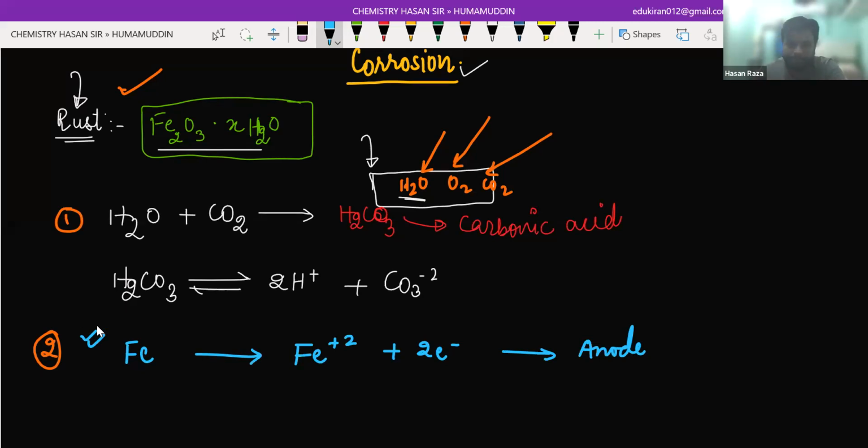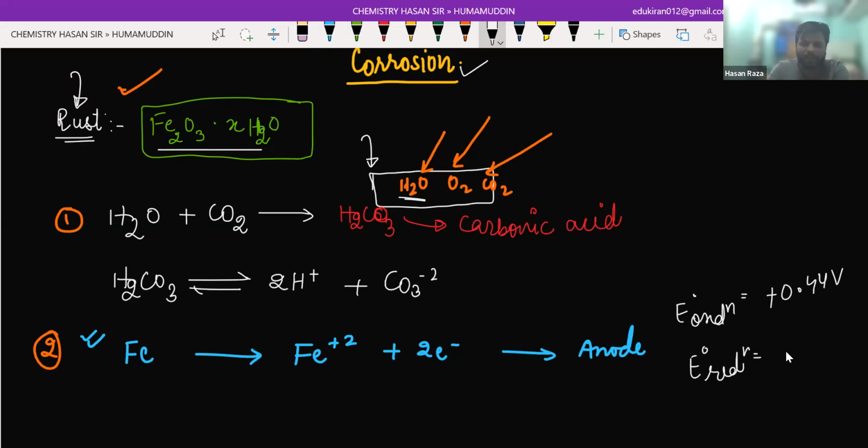Yes, sir. Now, practically it has been found that this has a standard oxidation potential equal to plus 0.44 volt. So can you tell me what will be the value of the reduction potential for this?